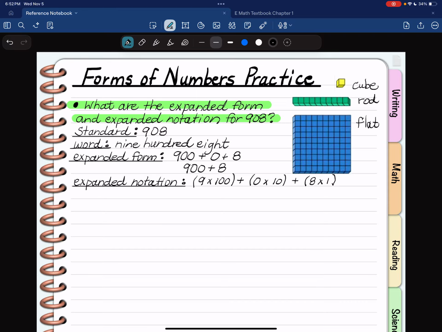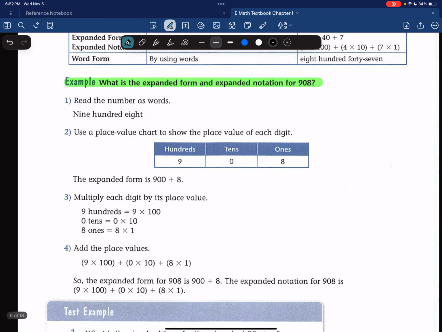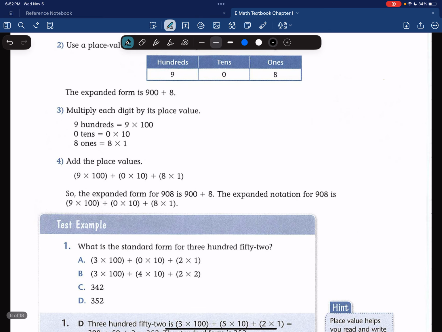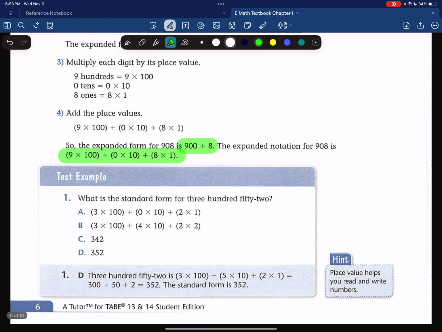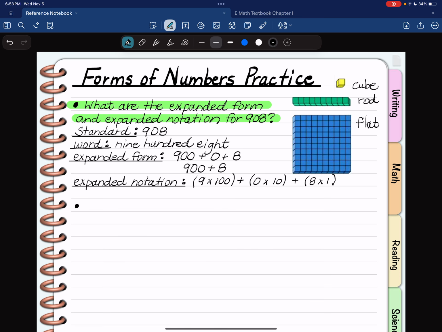All right, so let me make another bullet point and then we'll come back here with our next example. And you see here that they have given the answers that we had. They have 900 plus 8, and then they have expanded notation. All right. What is the standard form for 352? So let's just take that back to our example page and write that question.